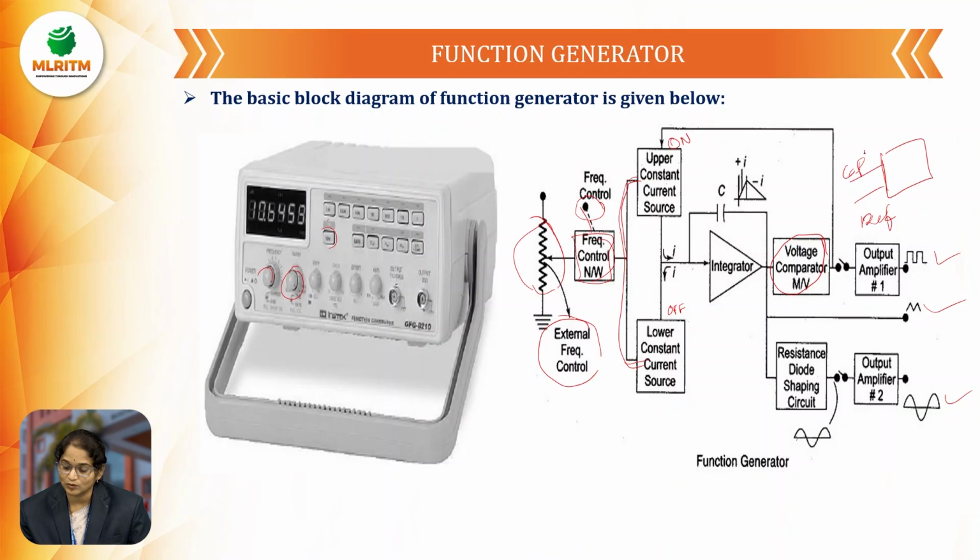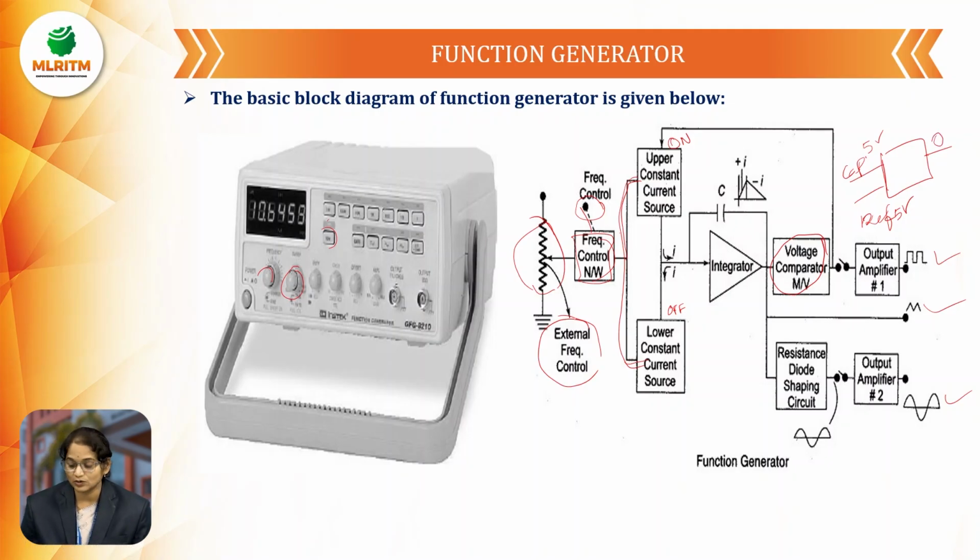The reference voltage is already inbuilt, this is the 5 volts reference voltage. Whenever the capacitor voltage reaches the reference voltage of 5 volts, then we get the output 0.